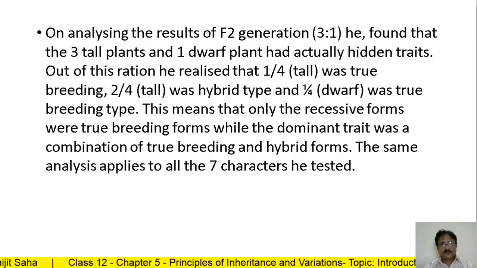So he found that the 3:1 phenotypic ratio actually has different genotypes. 1/4 are true tall, 2 out of 4 are tall but hybrid type, and 1/4 of the population was true breeding dwarf type.